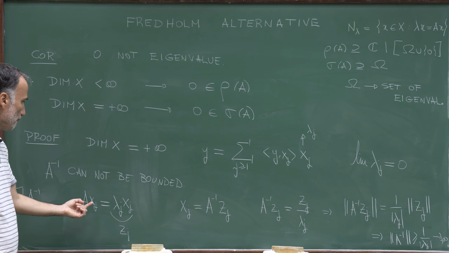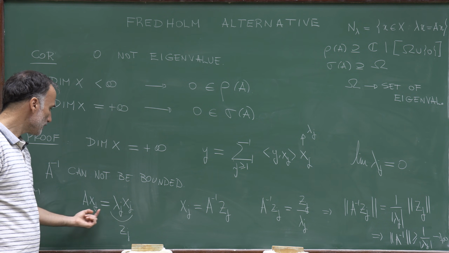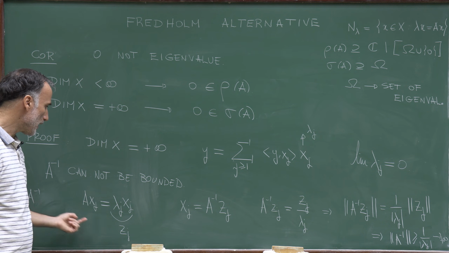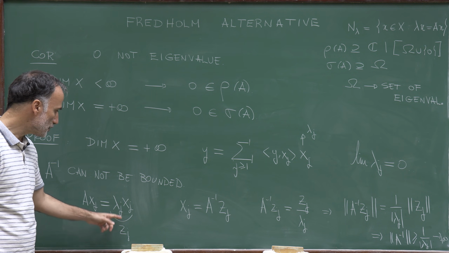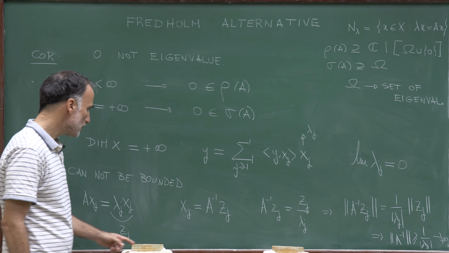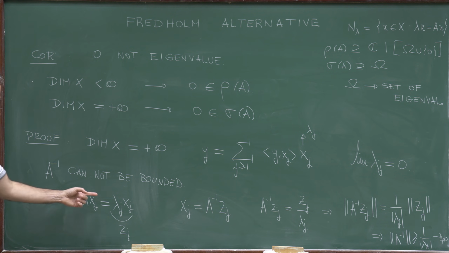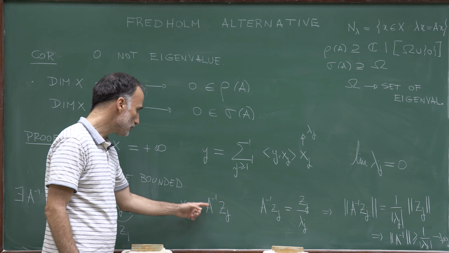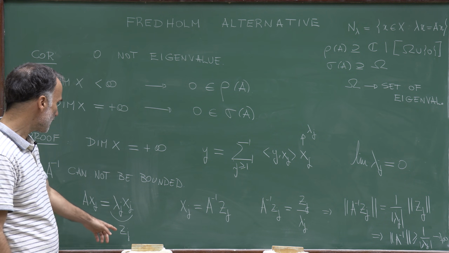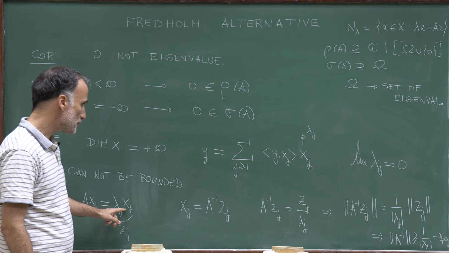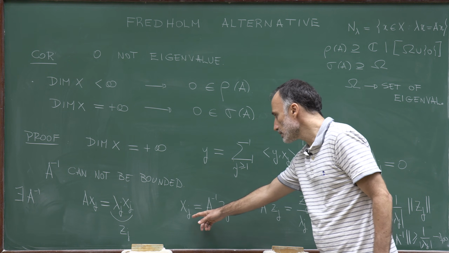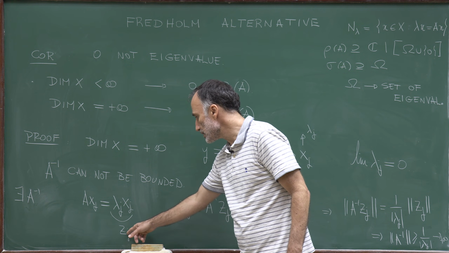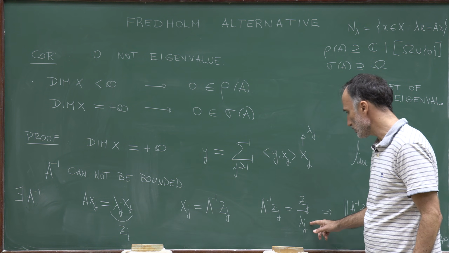Because let's take the eigenfunction xj. I have this identity, because xj is the eigenfunction associated to the eigenvalue lambda j. Let me call zj this element, and let me apply A minus 1 on both sides to get that xj is equal to A minus 1 zj. And let's recall that zj is lambda j xj, so let me replace xj by zj divided by lambda j.